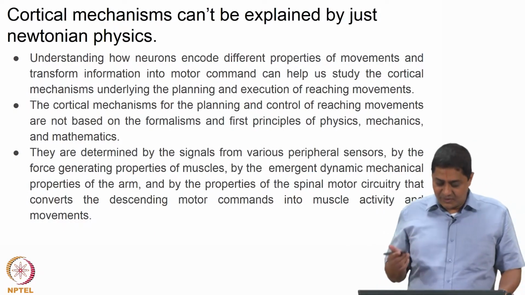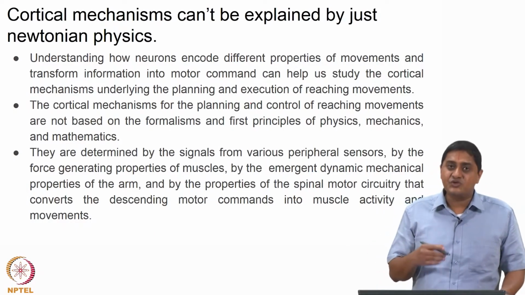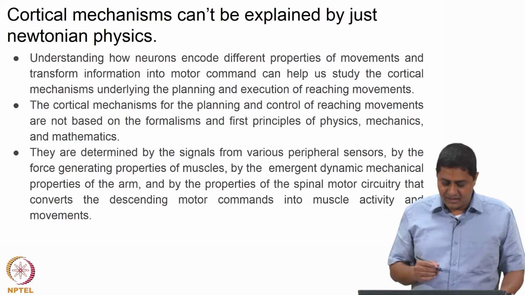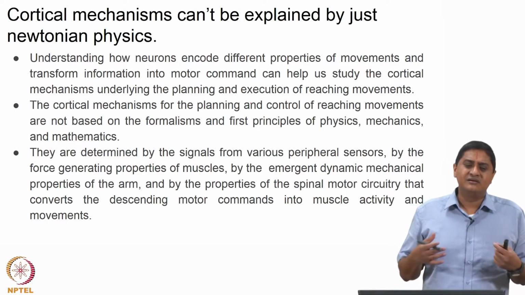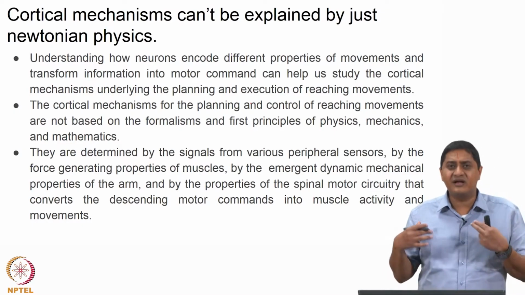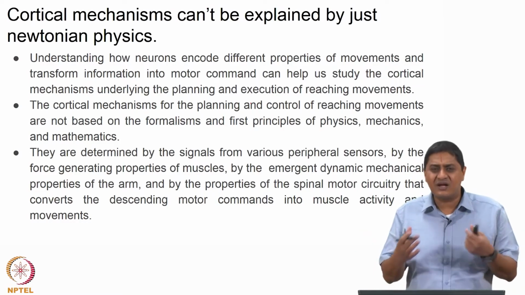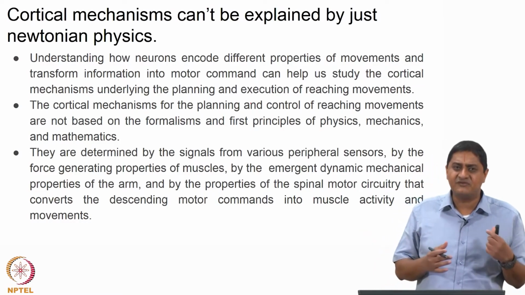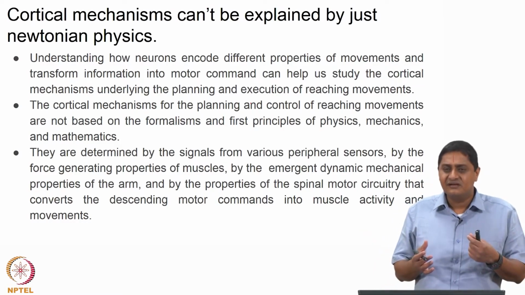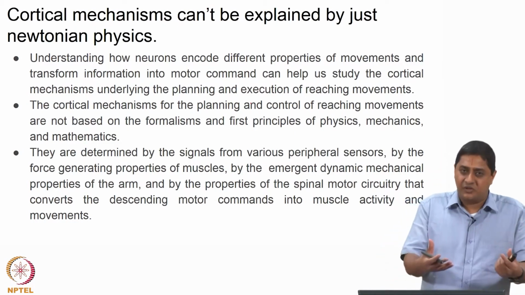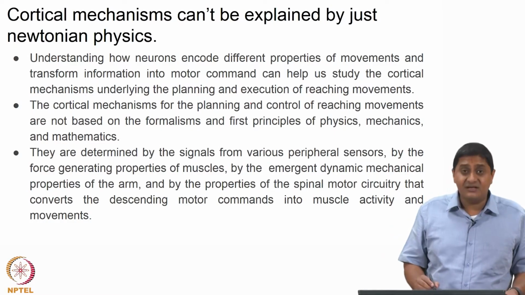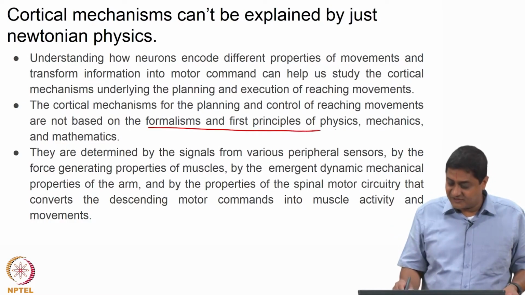So, in other words, the actual actions that we make are based on some emergent properties of the dynamic interaction between the central nervous system and the body and the environment. So, a lot of dynamic interactions are going on between these systems, right, and what happens as the outcome is an emergent outcome, right. But this is not dependent on the formalisms and the first principles of physics or mechanics, right.